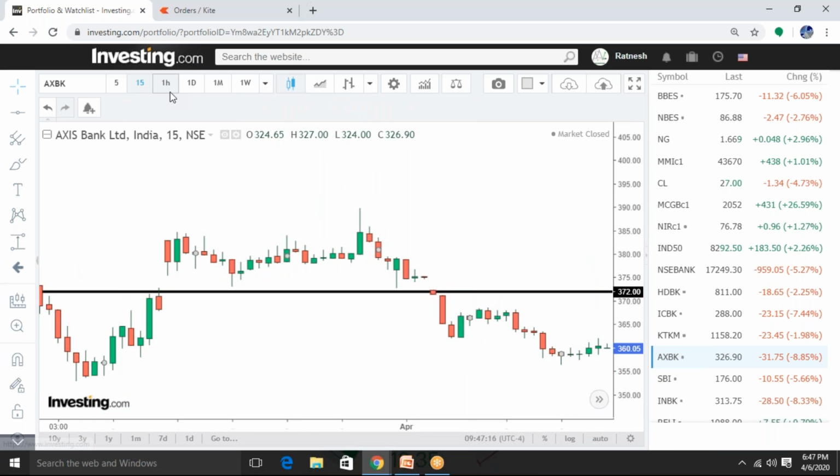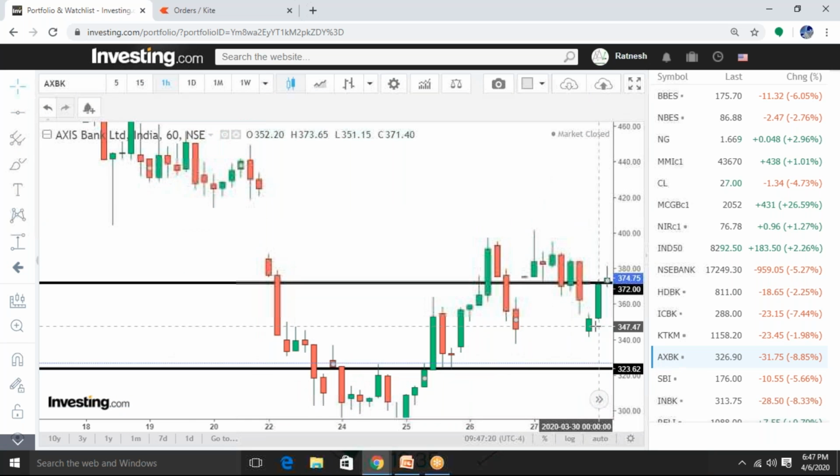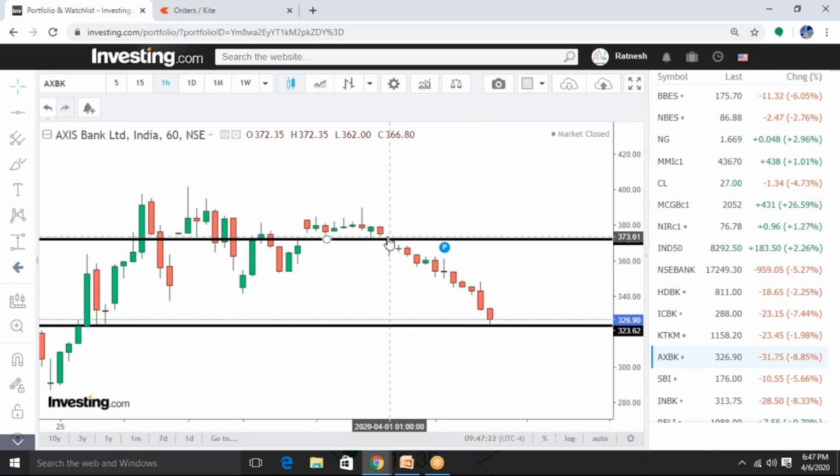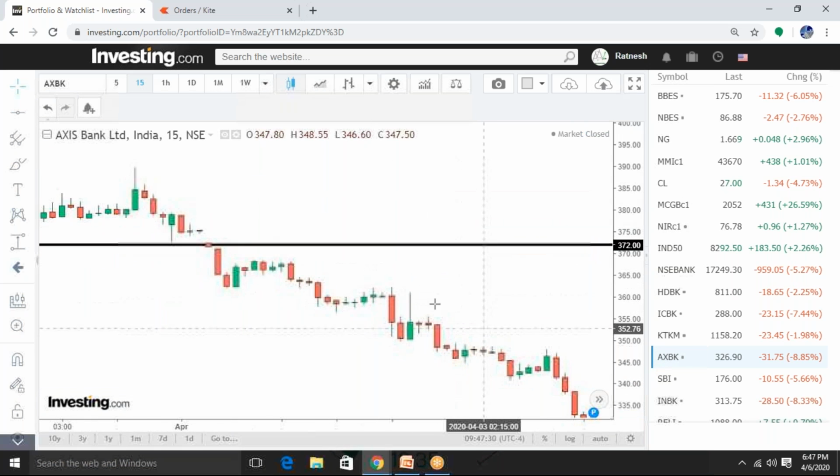Suppose I took the sell position right here. Suppose I took my trade on the 1 hour chart, so I will adjust my chart to 15 minutes. I entered my trade at this level and I will keep trailing my stop loss. Suppose this is the next swing high.